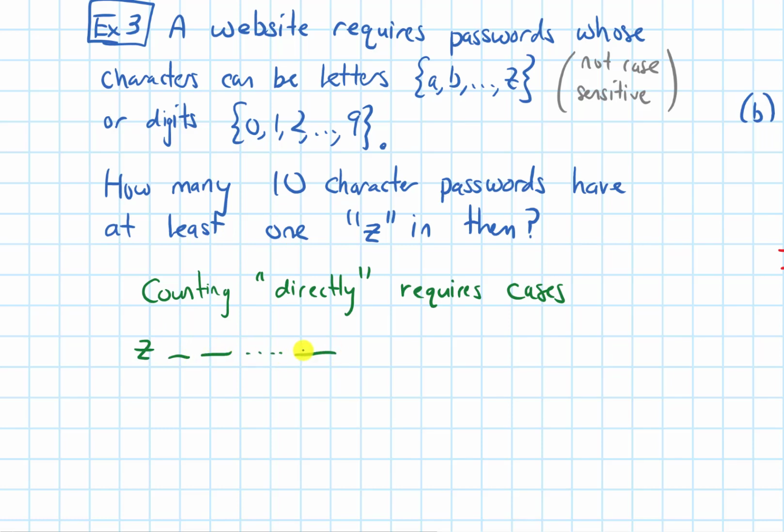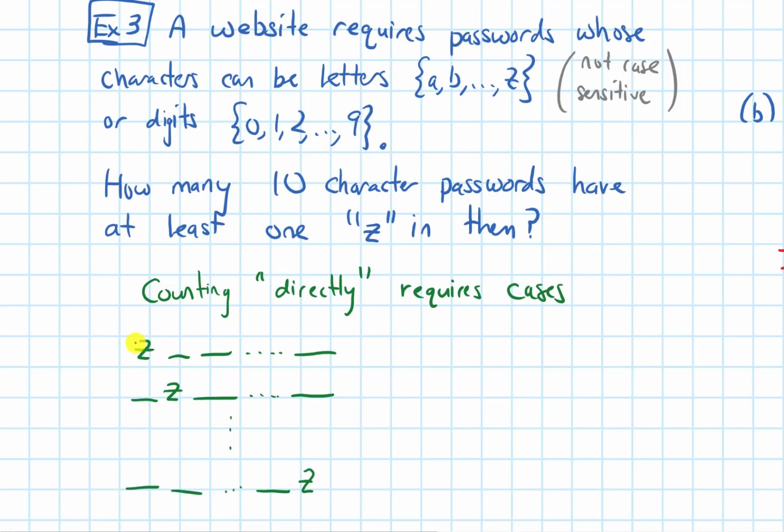Let me just put a blank spot for each of those other letters. Or maybe the Z is in the second spot, so I have some blank letter, Z, some other letter, and then until I get to the end. And I could keep going like this until maybe the Z is in the very last spot, and then we have all the letters before that.